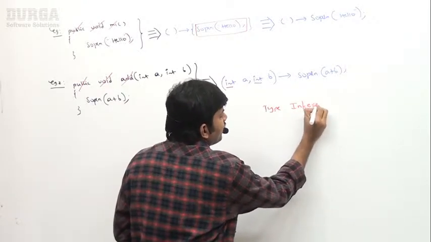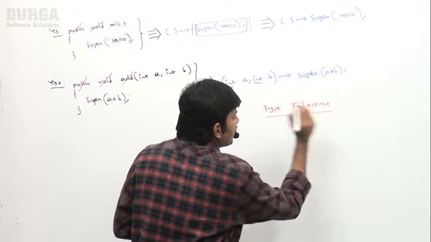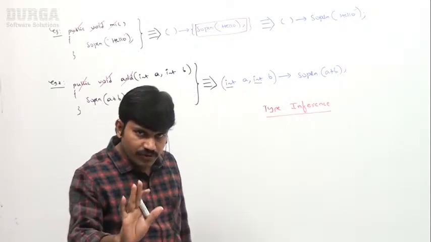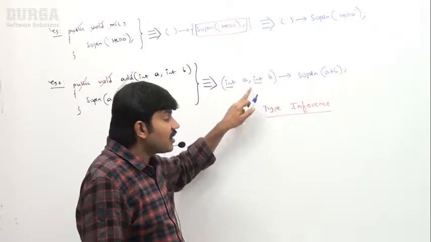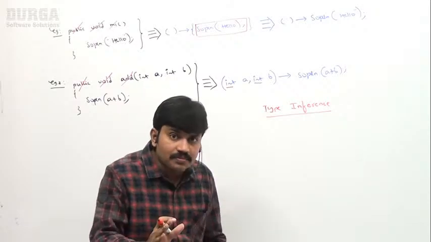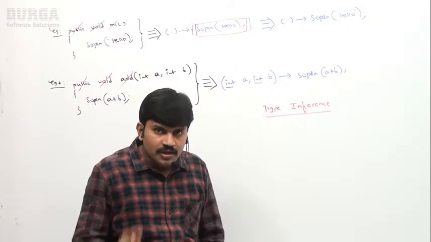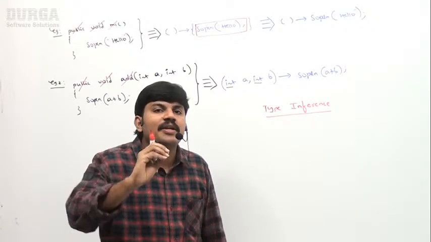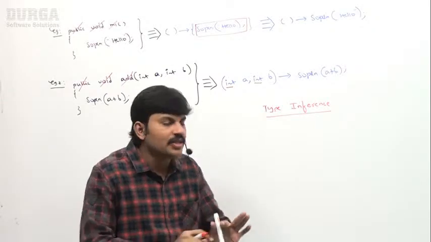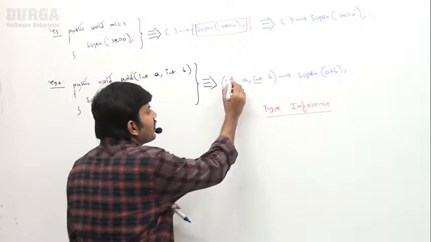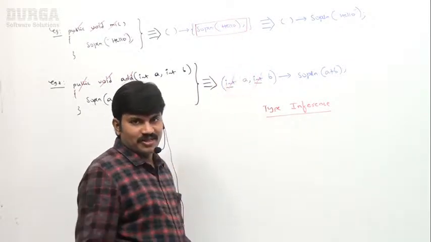Maybe in the next videos I will discuss how the compiler is able to guess. Don't worry about that. If the compiler can guess the types based on the context, you can remove these types also. Remember this one.